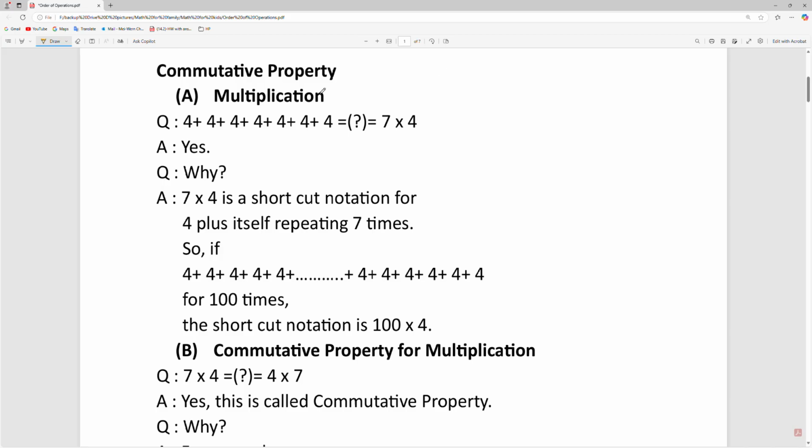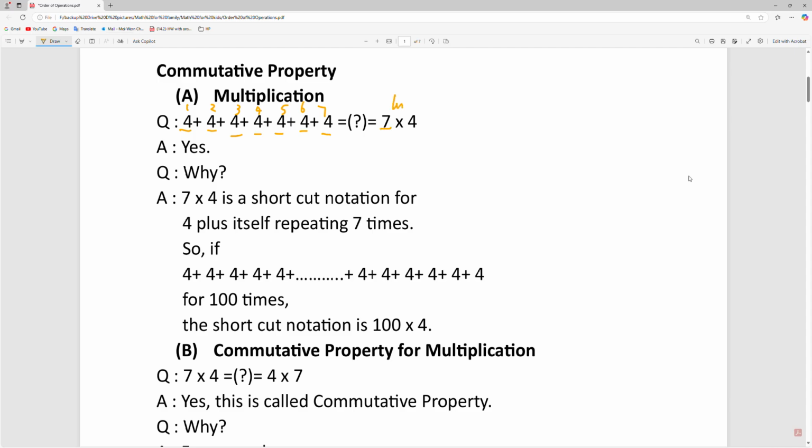When you have the same number to add all the way, 4 plus 4 plus 4 plus 4 plus 4 plus 4 plus 4, how to count, right? How many? 1, 2, 3, 4, 5, 6, 7. You want to plus 4 7 times.